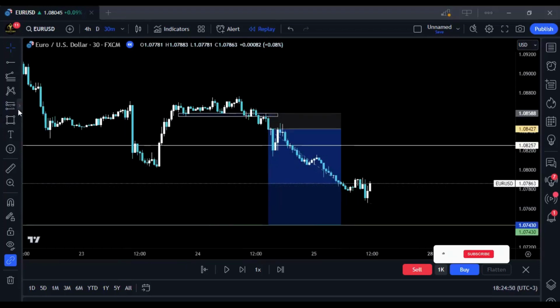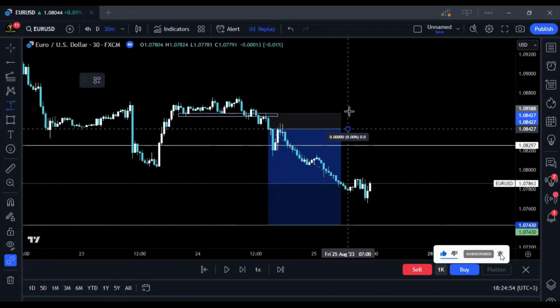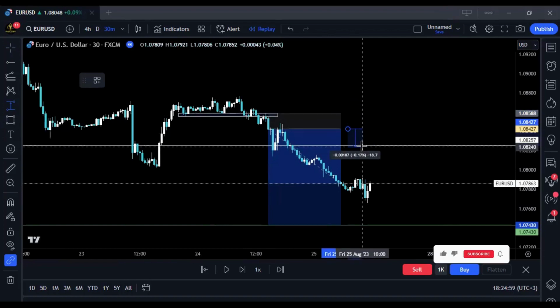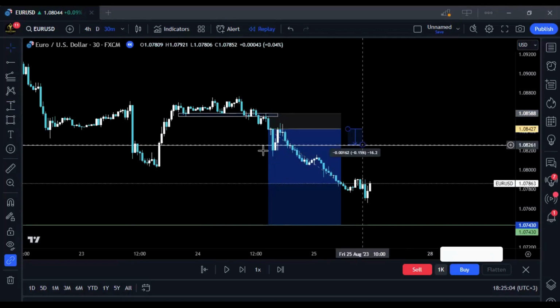However, if you look at the structure, you can see prices hit the 16 level, and then here we have 16 again once they reach here, so that means we would have been breaking, and then prices reversed.